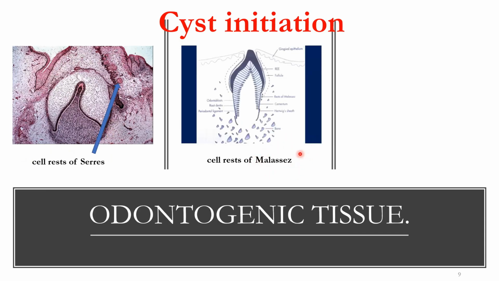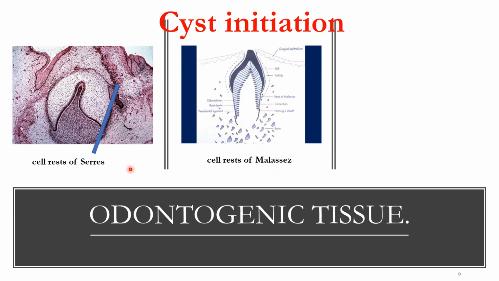So these are the remnants of Hertwig's epithelial root sheath. Hertwig's epithelial root sheath is what forms the root, and once the root formation is almost completed, the sheath disintegrates to form clumps of cells, and that is called cell rests of Malassez.